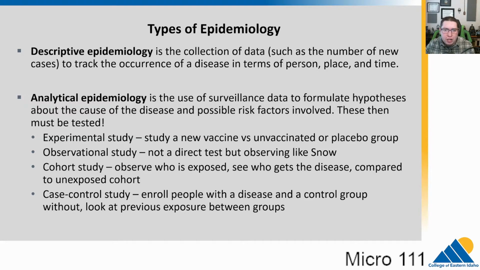Analytical epidemiology uses the data from these surveillance practices where we're going out and collecting the data, and then it takes that and formulates hypotheses about what might be causing the disease outbreak or possible risk factors involved. It goes and looks at all the information and says, hey, we noticed that people that work in this specific factory all have this specific disease.